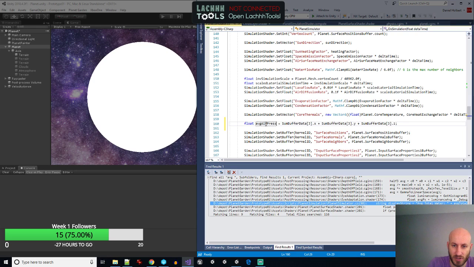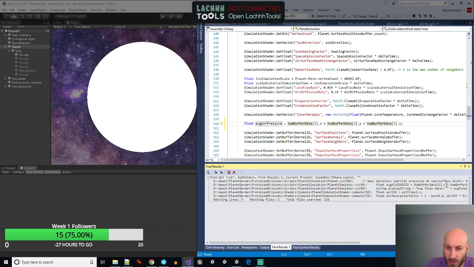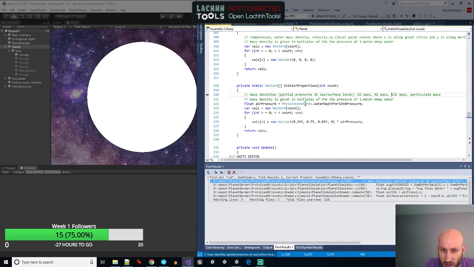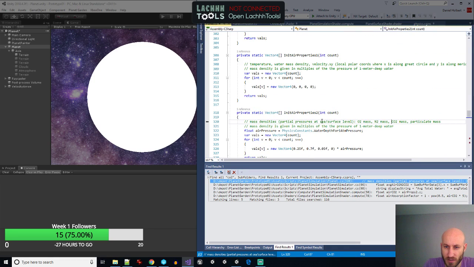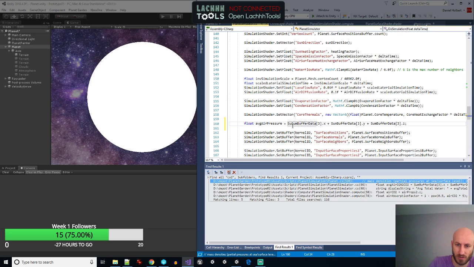Average air pressure equals all this stuff. I have to look at how that stuff's stored. It equals, so I just have to add these four numbers together basically.